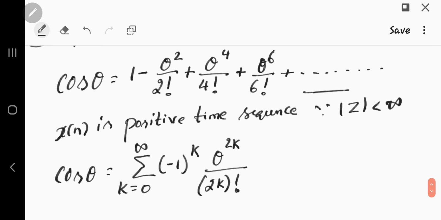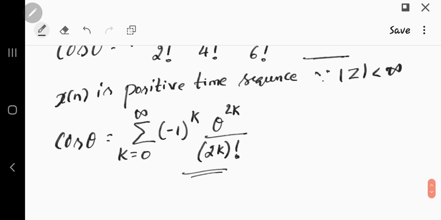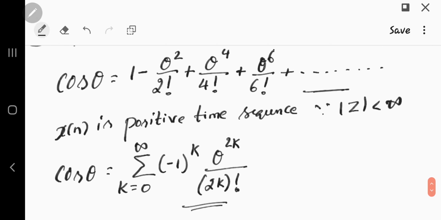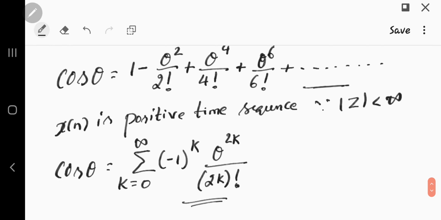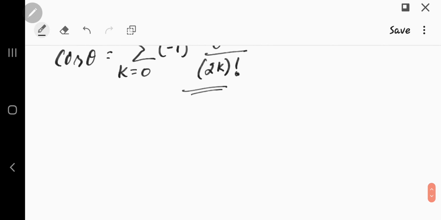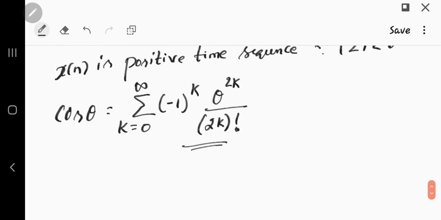So what I have written here can be written in the short form in this way. If you expand this, you will get the same thing from 0 to infinity. While giving the values for k, you will get this answer 1, 2, 3 and so on. So that is the simplest form of representing this cos theta.